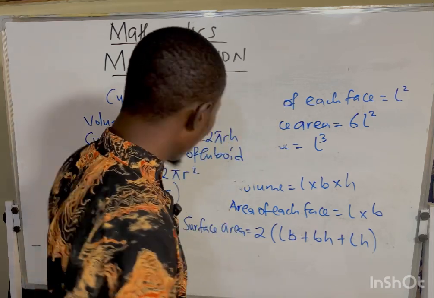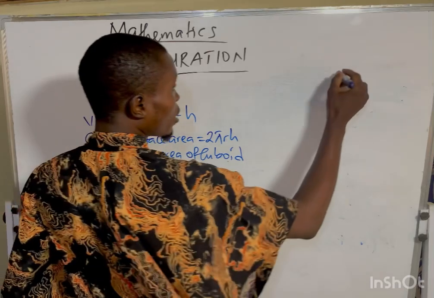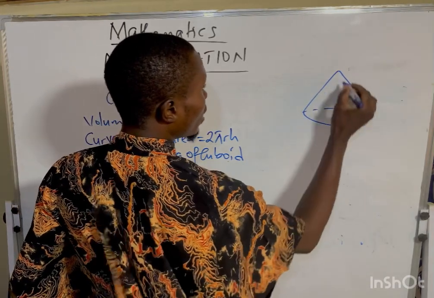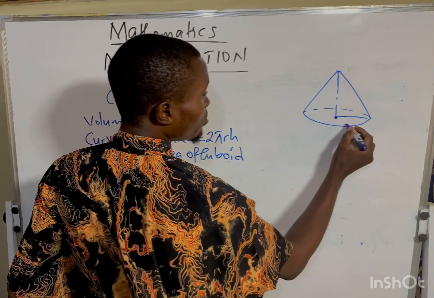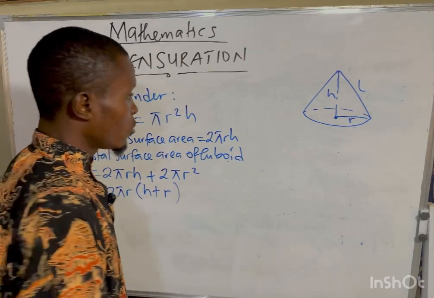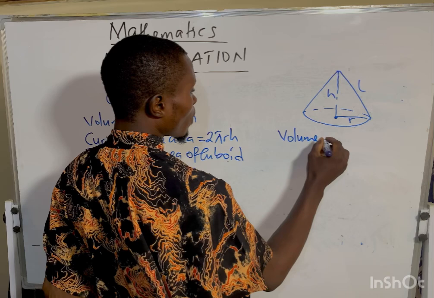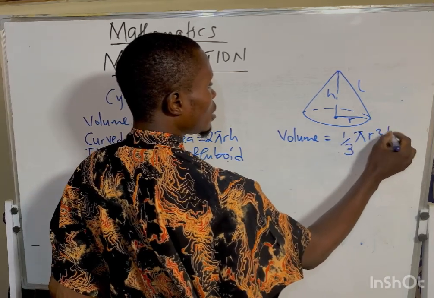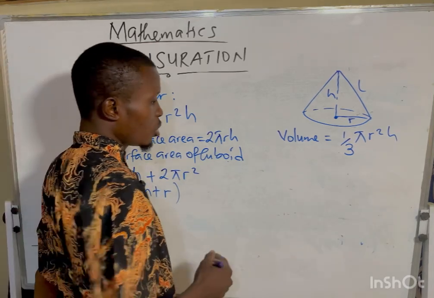Then for a cone, remember, a cone looks something like this. This is the center of the circular base, this is the radius, this is the height, this is the slant height. The volume of a cone is 1/3 of the volume of a cylinder, 1/3 pi r square h.